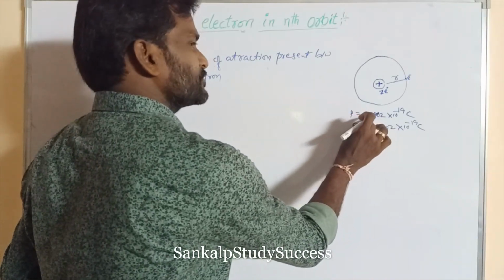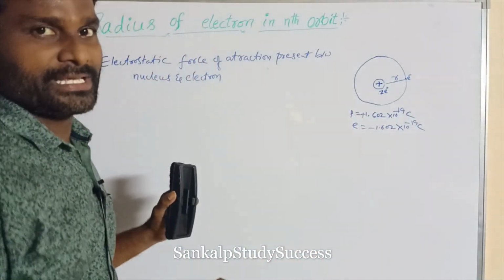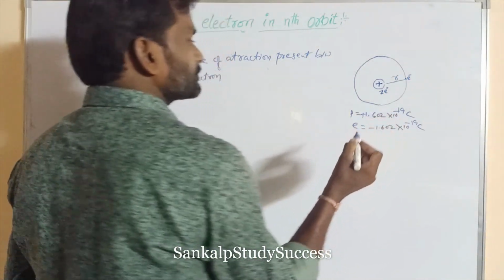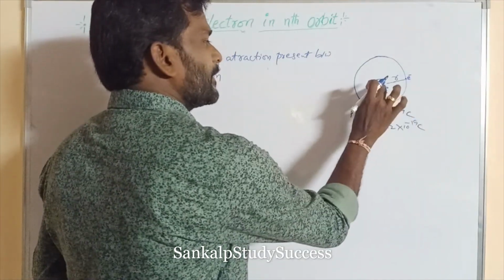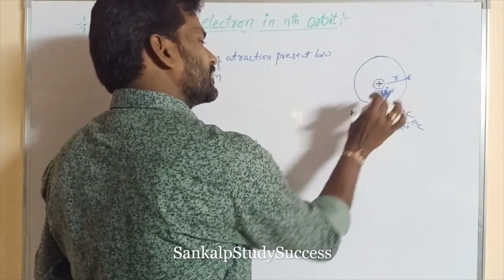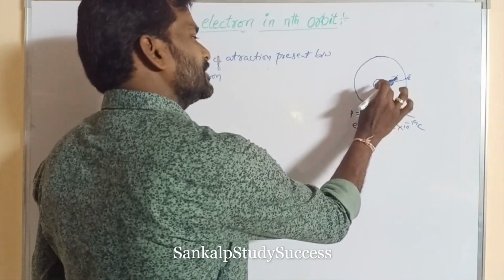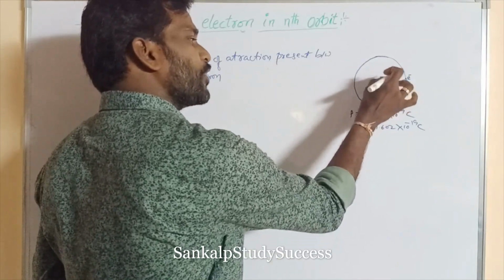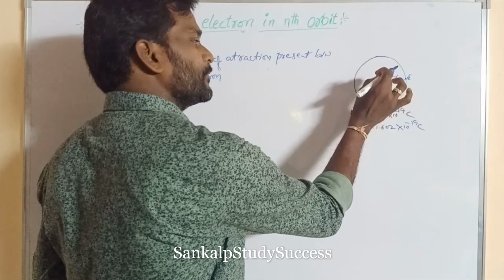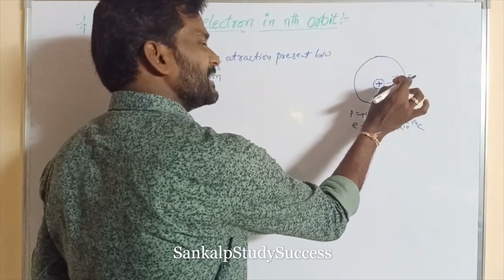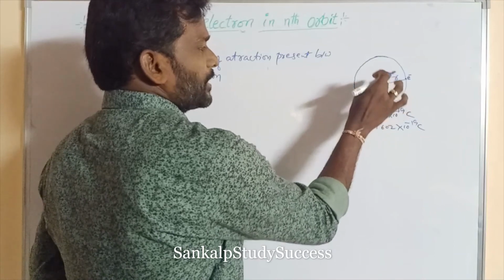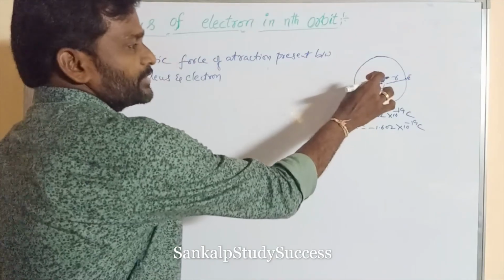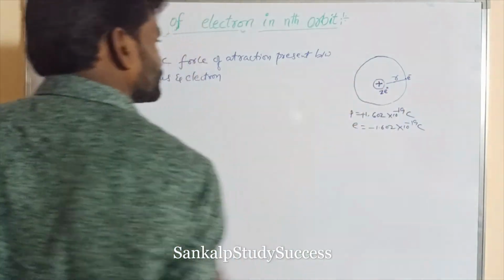The proton has a positive charge, the electron has a negative sign. So this nucleus containing Z protons, the total charge of the nucleus is Ze plus, because the nucleus contains Z protons, and the charge of one proton is e plus.